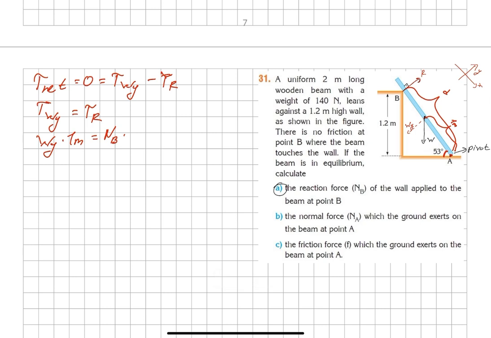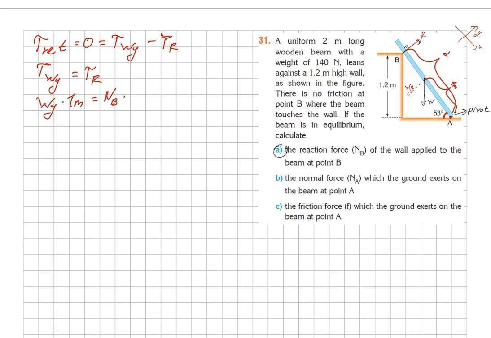We know that sine 53 is equal to opposite side over hypotenuse. So sine 53, which is 0.8, is equal to the opposite side 1.2 over the distance.